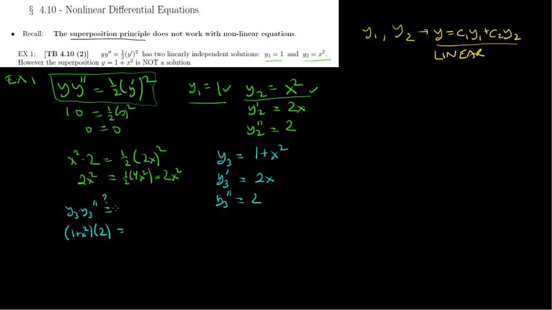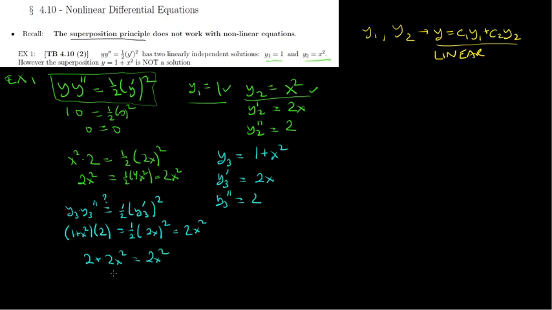And, well, question mark. I mean, we know that this is not going to work, but let's see. If we take 1/2 times y3 prime squared, what do we get? We get 1/2 times 2x quantity squared, which is again just 2x squared, half of 4x squared. But look, the left side is 2 plus 2x squared, and the right side is 2x squared.